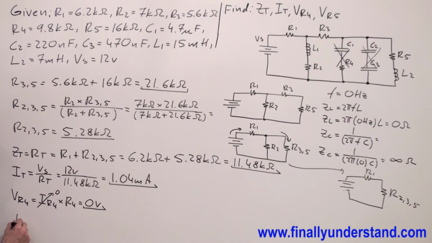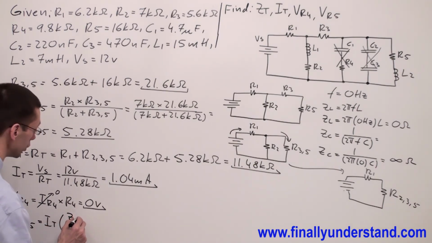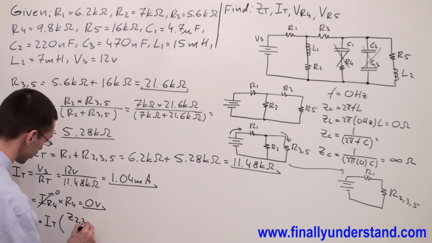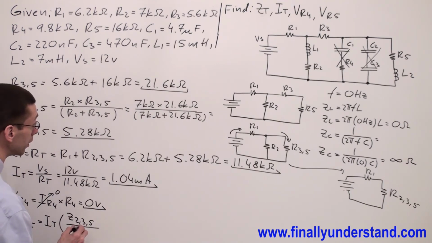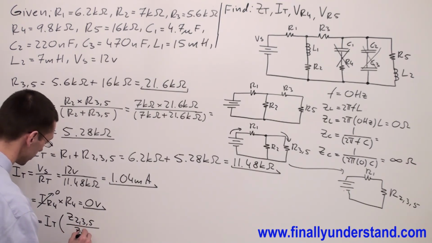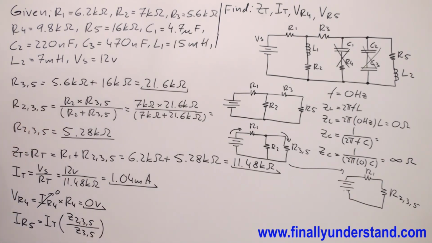So IR5 is equal to I total times Z235 over Z35.